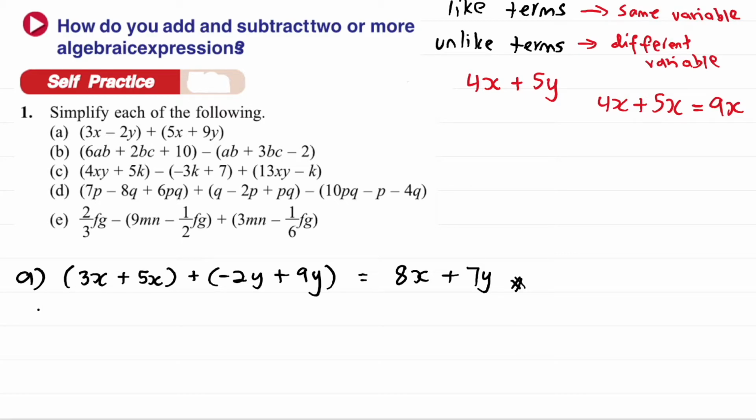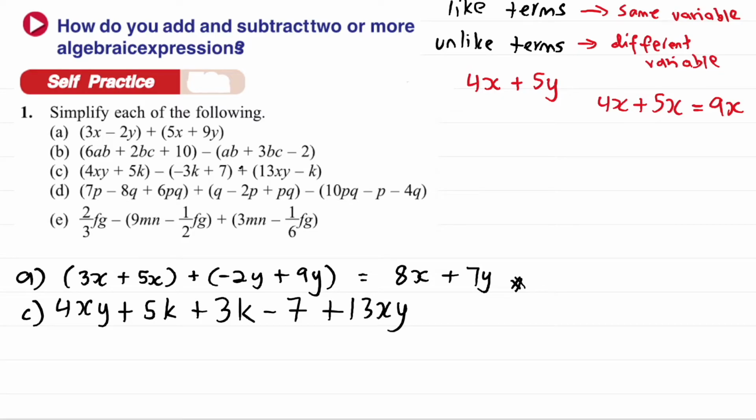Okay, tengok C pula. Okay, untuk C ni, nak senang kamu pecahkan dia punya bracket dulu, kalau tak nak confuse. So 4xy tambah 5k, okay, minus plus 3k, you akan dapat plus 3k, minus plus you akan dapat minus 7, and then plus 13xy, and then plus minus is minus k.